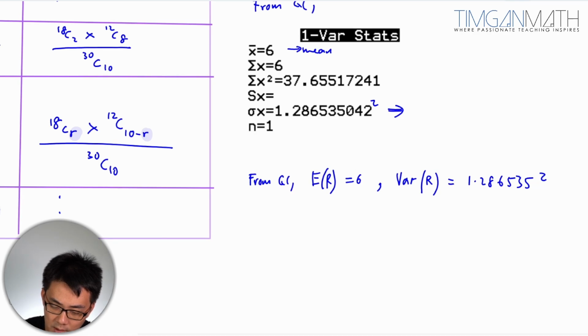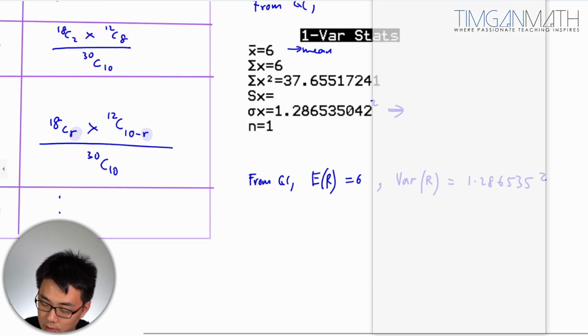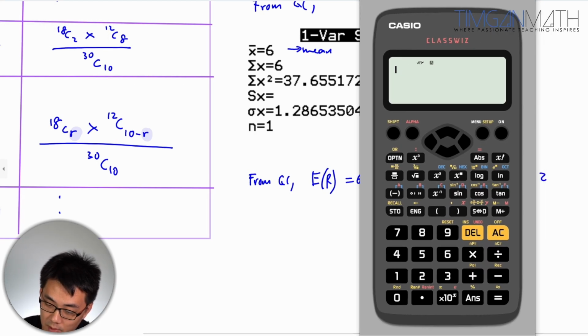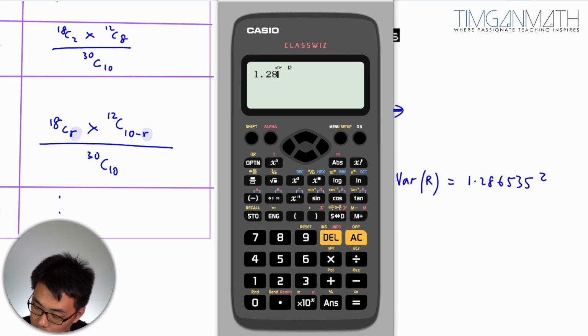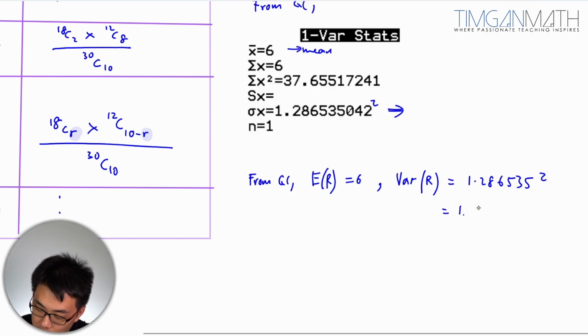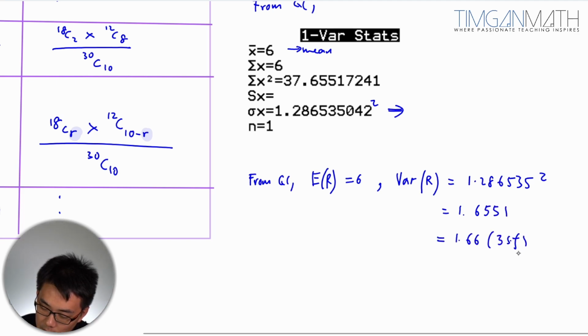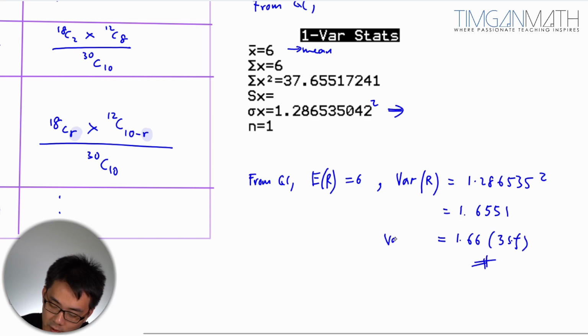I'm going to square this using my Casio here. 1.286535 squared will be 1.6551. Okay, so this is the variance of R, and the expectation of R is just 6.